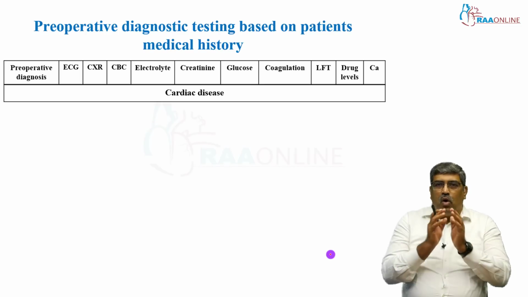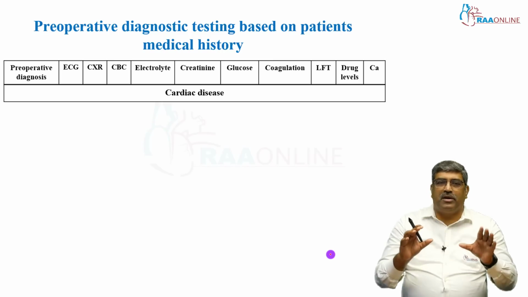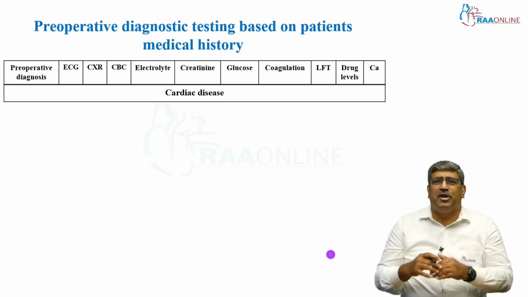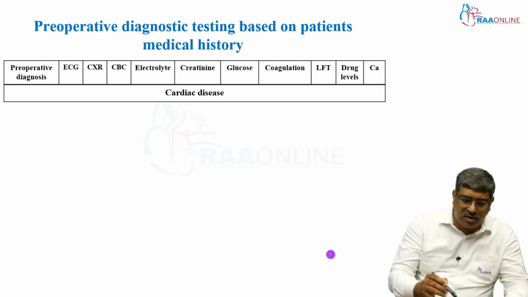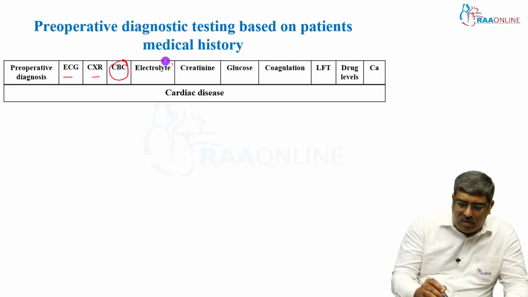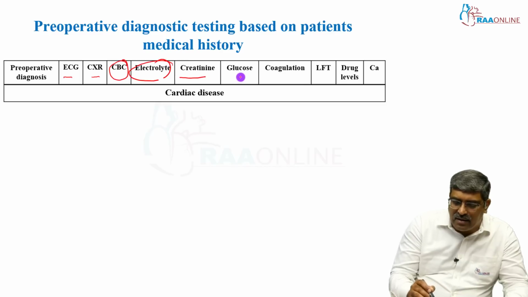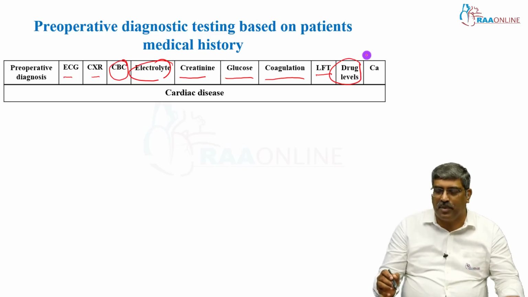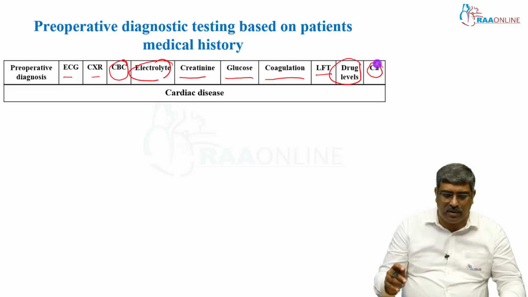Now coming to the overall laboratory testing which is required for a particular disorder. The usual laboratory testing includes electrocardiogram, chest X-ray, complete blood count, electrolytes, creatinine, blood glucose, coagulation testing, liver function test, drug level if the patient is on any particular drug, and calcium level.